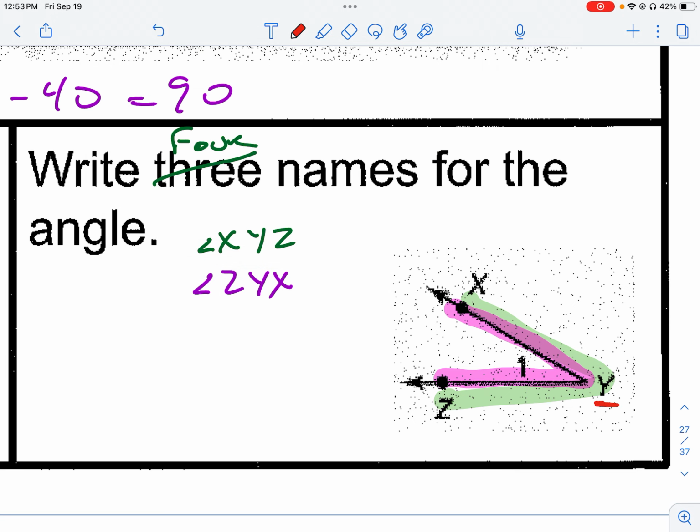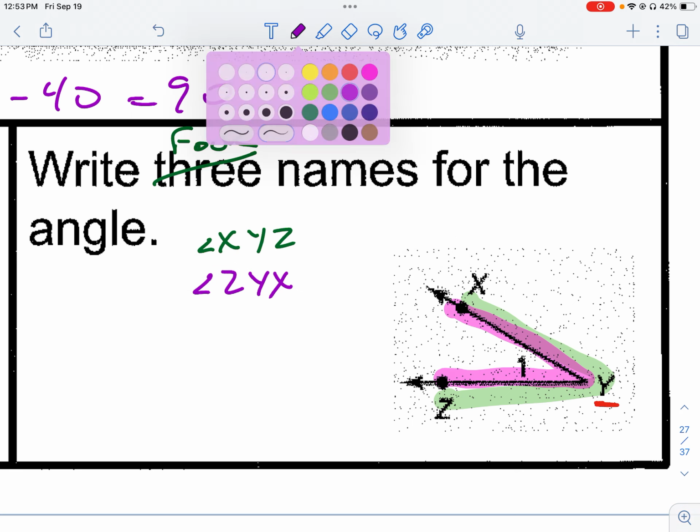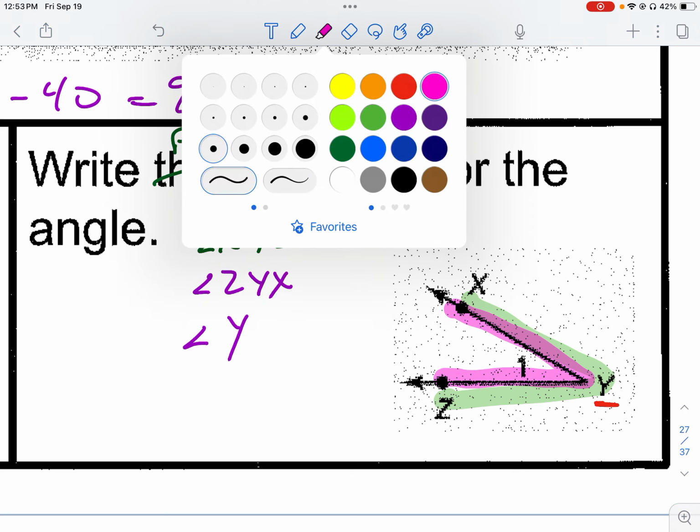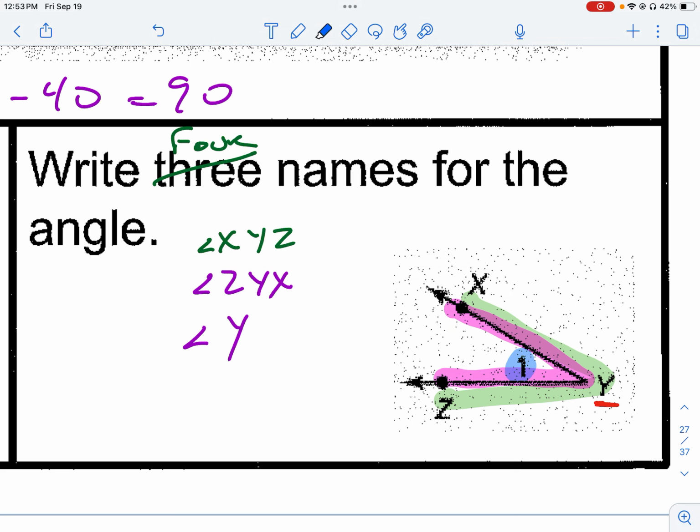Thirdly, there's only one angle coming off this vertex, so we can call it angle Y. And lastly, they very conveniently named it for us, so we can name it angle 1. And that is how we name our angles.